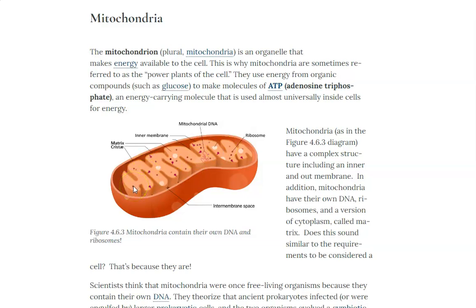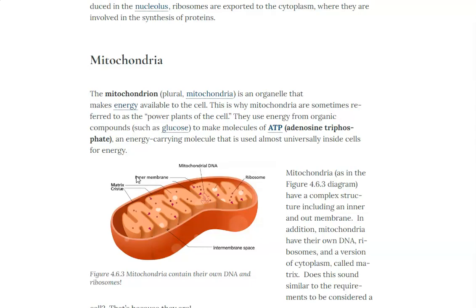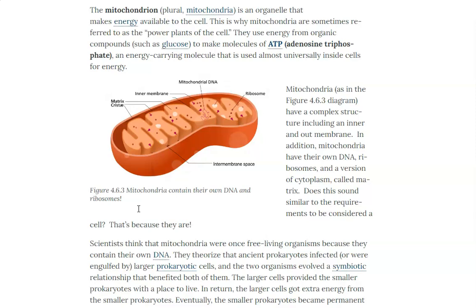It's folded and called the cristae, and the fluid inside is called the matrix. This is specialized as it holds the special enzymes which are needed for the breakdown of glucose to ATP, in the process of cellular respiration. Good. So the mitochondria is the organelle that makes the cell's energy available.